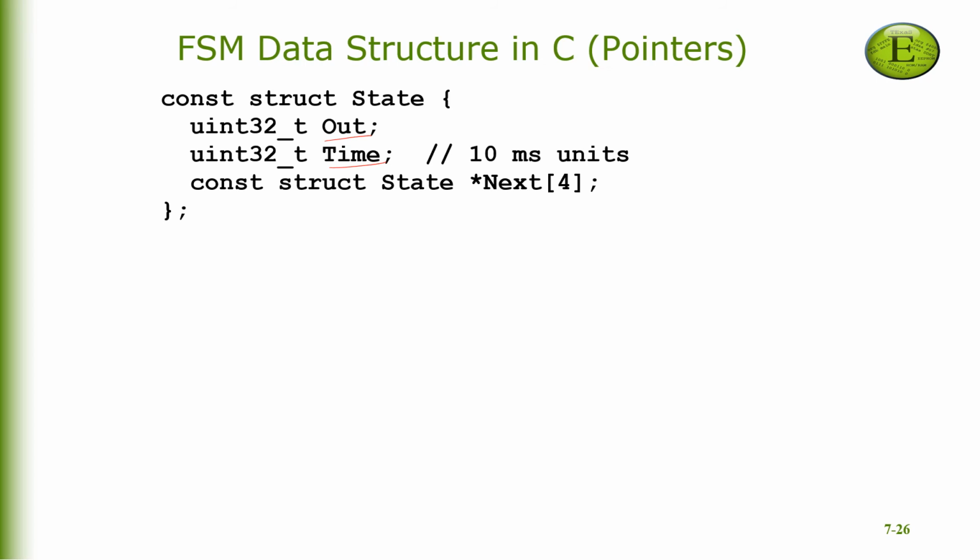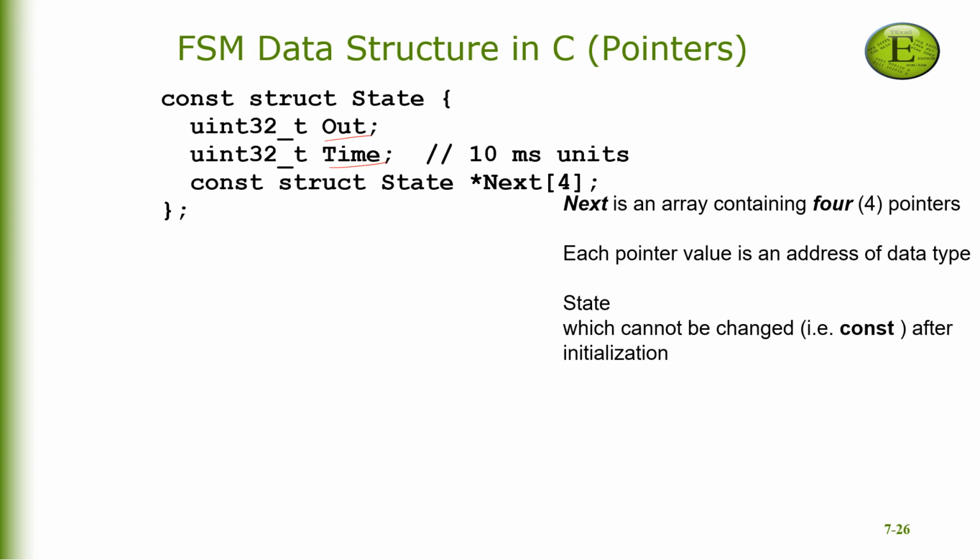In other words, next is an array containing 4 pointers. Each pointer value is an address of data type state, which cannot be modified or changed, therefore declared constant. So you can relate this constant with the fact that the state to which the pointer is pointing cannot change once initialized.